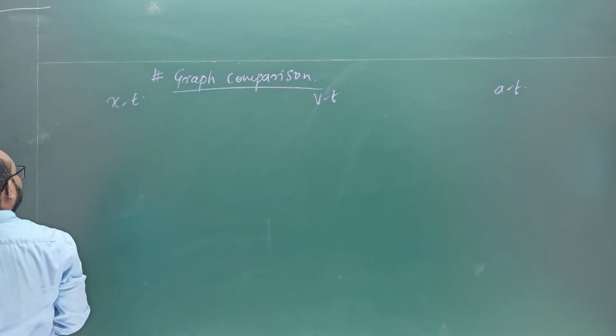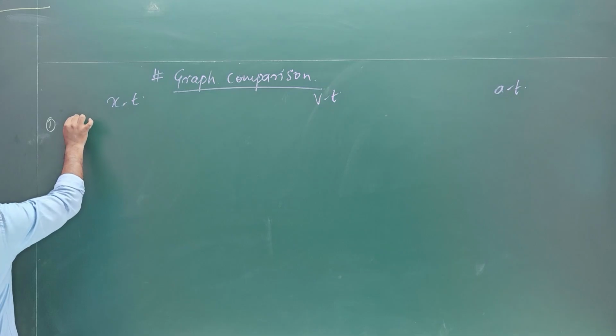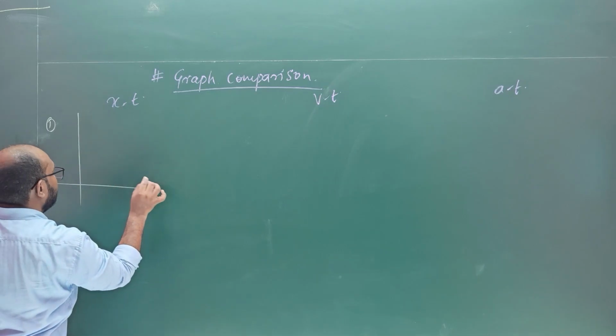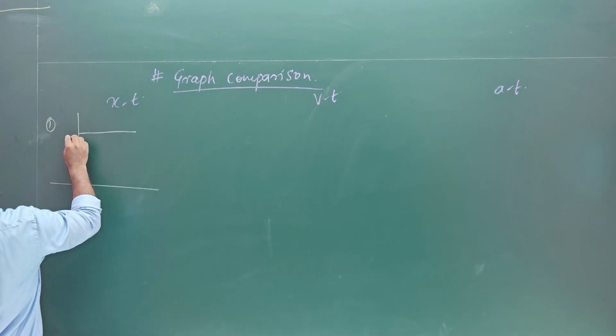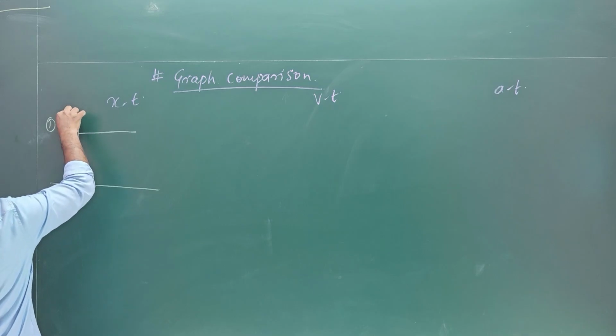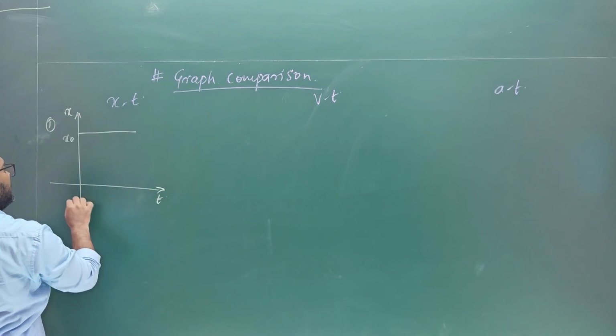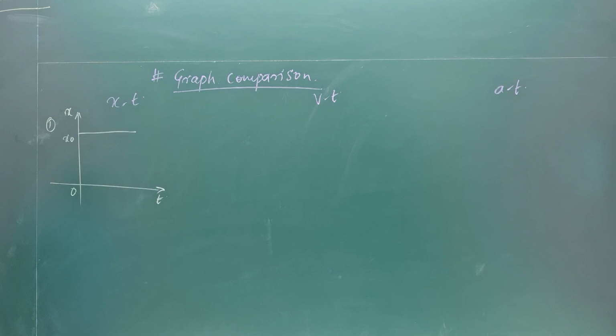Now, your first question is, this is your x0, this is your x, this is your time, this will be 0. Now tell me the vt for this.